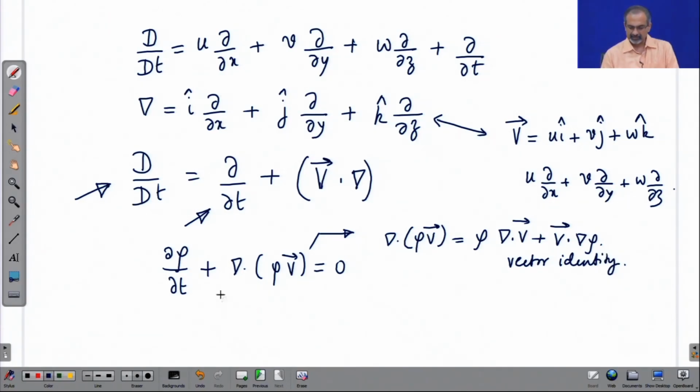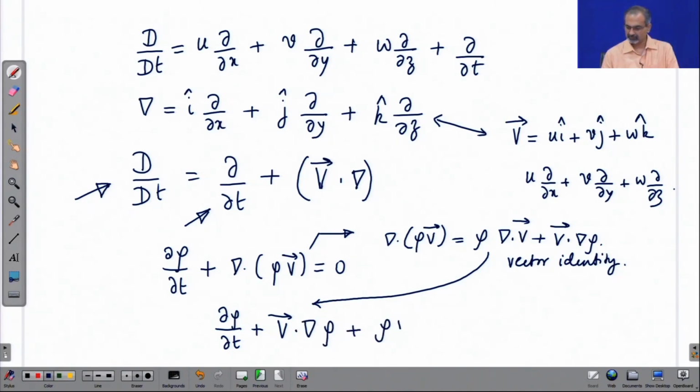Having said that, if you substitute it here, what do you have? Del rho del t plus, we will take the second term first, and this term next, and put it. Why do we do it that way?